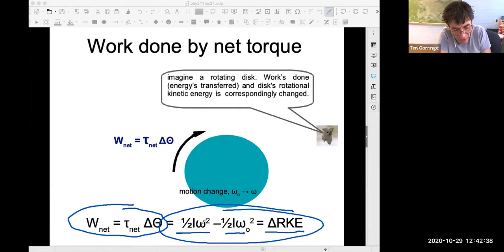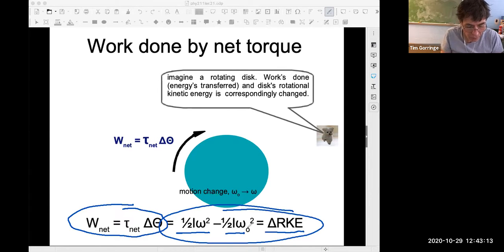So 1/2 I omega squared is the final rotational kinetic energy. 1/2 I omega naught squared is the initial rotational kinetic energy. The I's are rotational inertias. They're like the inertias, the masses, in translational kinetic energy. The omegas and omega naughts, the final and initial angular velocities, are like the v's and v naughts, the final and initial linear velocities in translational kinetic energy.